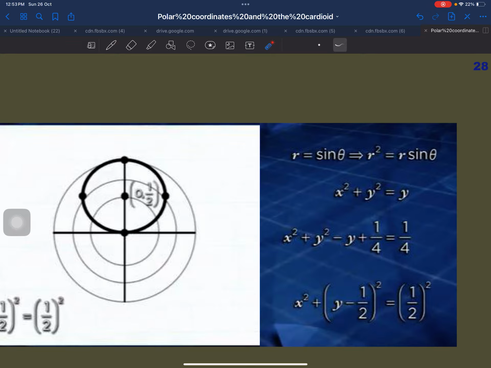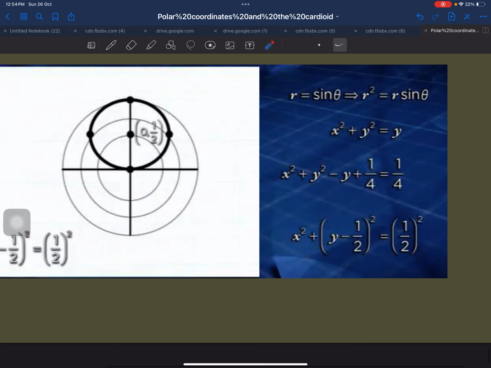Add 1/4 on the right to make sure that we don't change the problem. This factors to x squared plus y minus 1/2 squared equals 1/2 squared. So it takes the form x squared plus y squared equal to r squared. So it's a circle.